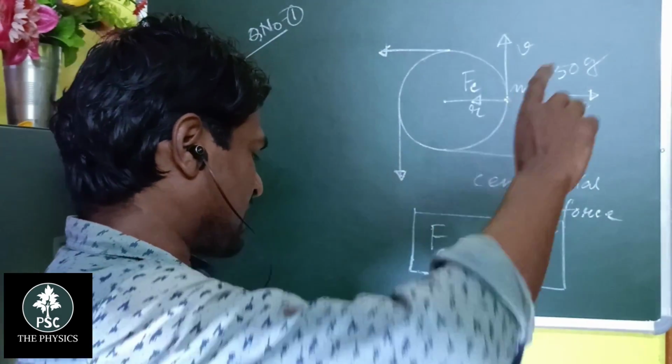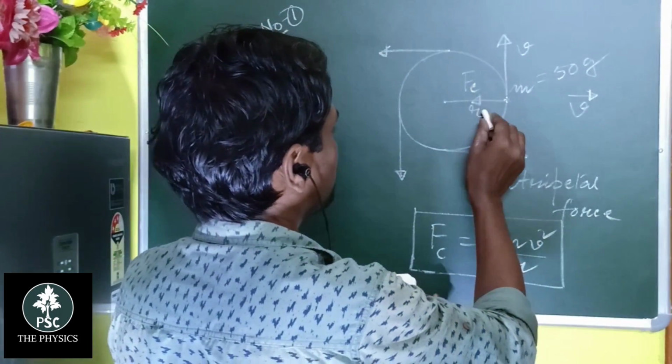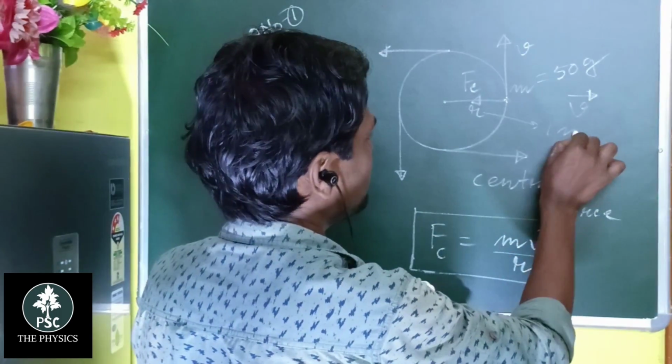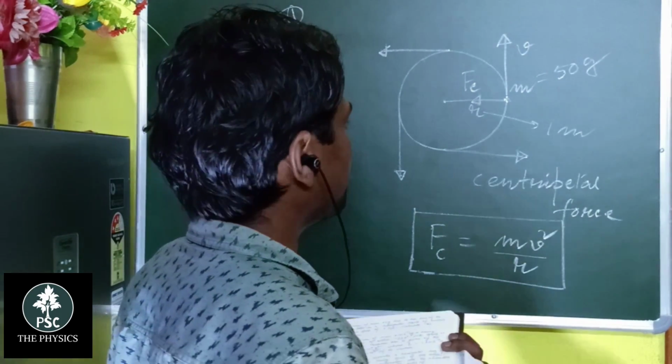So a 50 gram stone tied at one end of a string is rotated in a horizontal circle of radius 1 meter, and the speed is 5 meter per second.